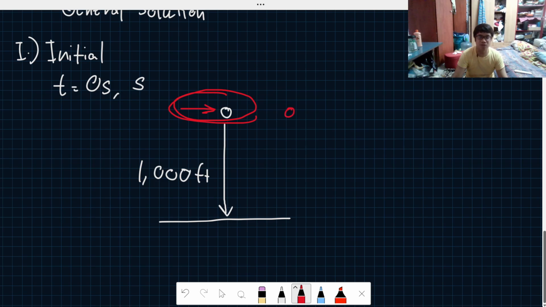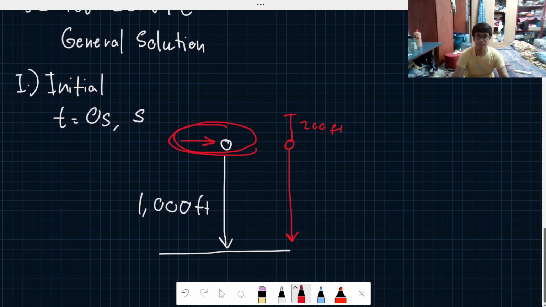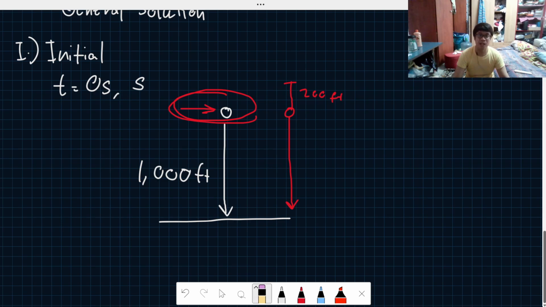Let's just say it achieved 200 feet initially, then after 0 seconds it goes down and reaches an additional 1,000 feet. Does it happen that way? In our problem, the answer is no.